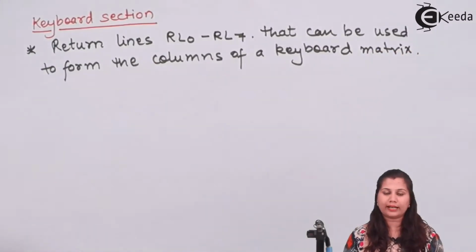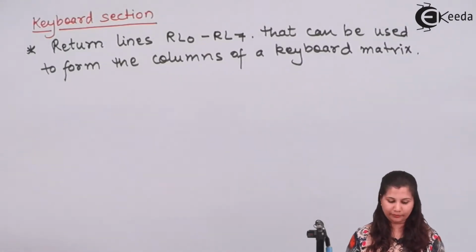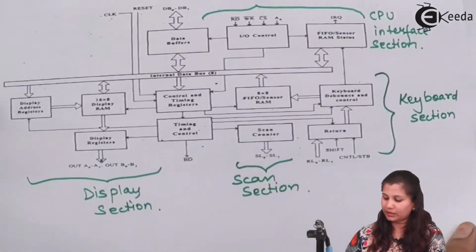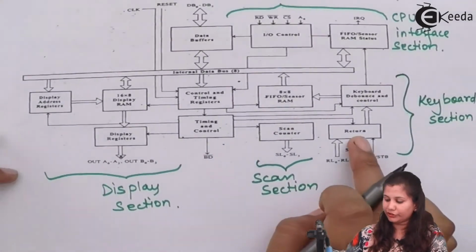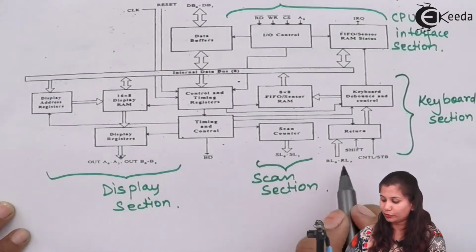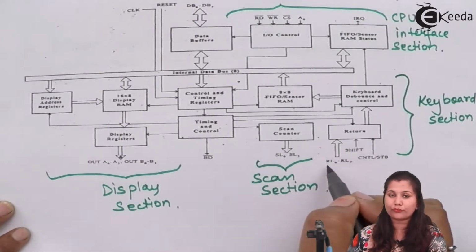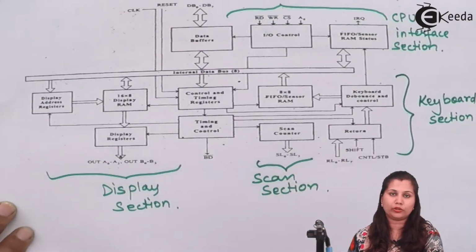These return lines can be used to form the columns of a keyboard matrix. You can see in the block diagram, we have the return block to which the 8 return lines RL0 to RL7 are connected, and these lines are used to form the columns of the keyboard matrix.